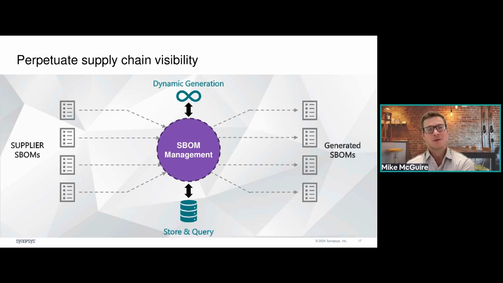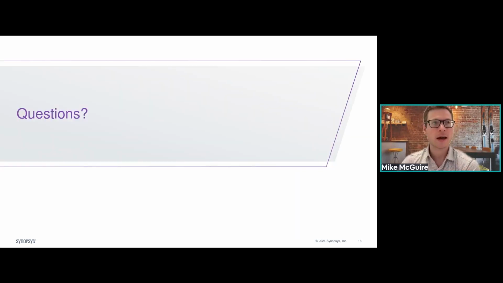And you need to understand very quickly which of those applications are impacted by this specific dependency. And this is all about the storing and querying and general SBOM management, not only for your own internal purposes, but also for perpetuating that visibility down to your customers and establishing trust with them as well. So that is all that I have.